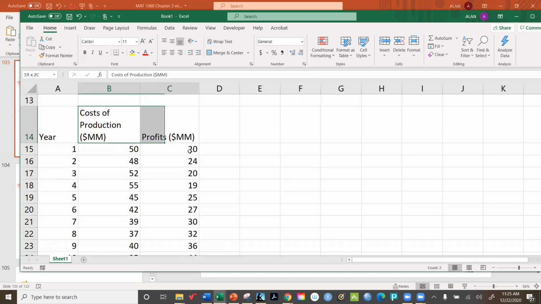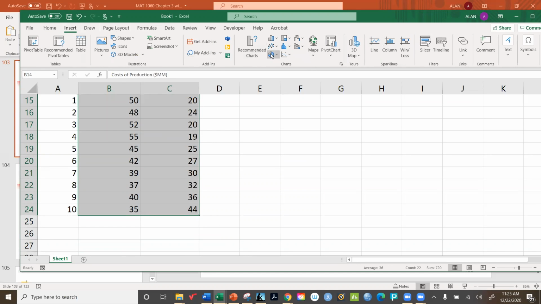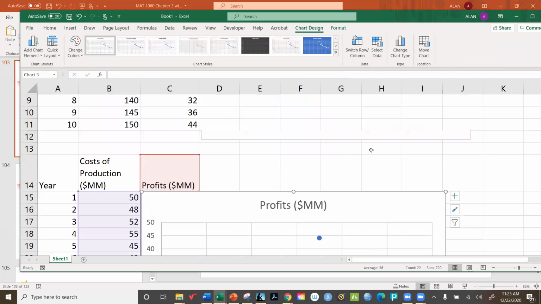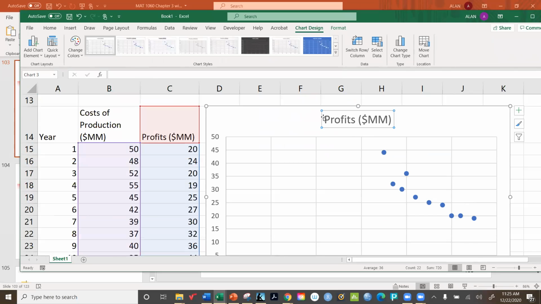All right, let's see what this looks like. All right, so this is our scatter plot.